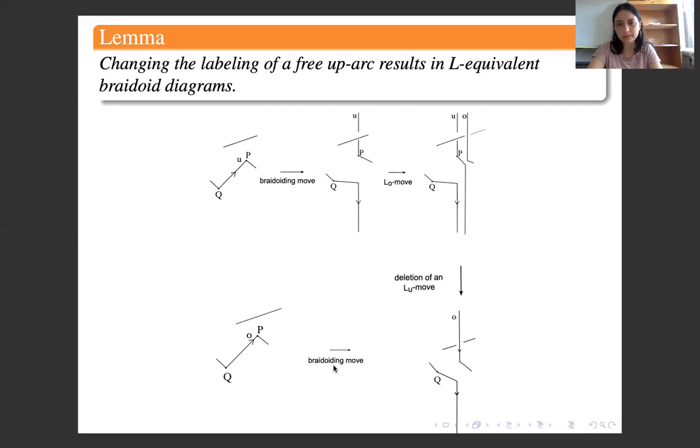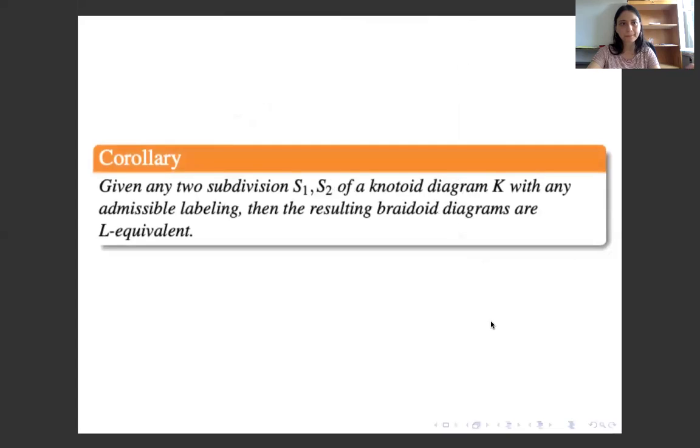I apply the braidoiding move at the point P, and I obtain this diagram, and from this diagram to this diagram, I have a deletion of an L under move to delete this strand here and be left with just this pair of braidoid strands labeled by O in the corresponding ends. So again, up to L equivalence, changing the labelings of free up arcs wouldn't matter.